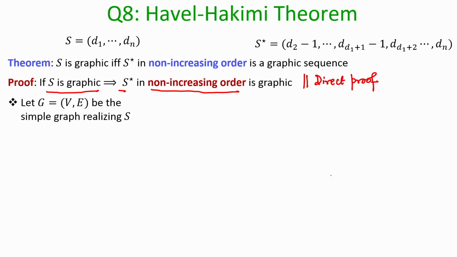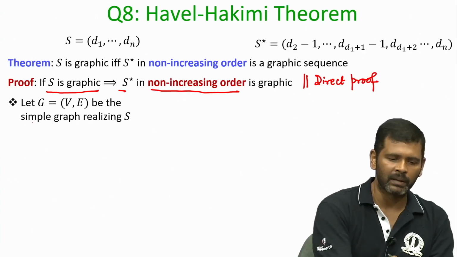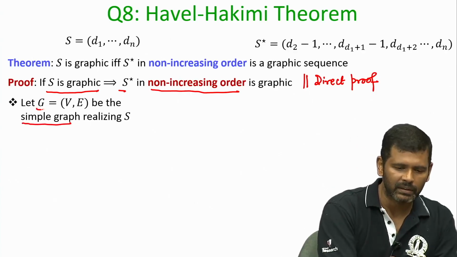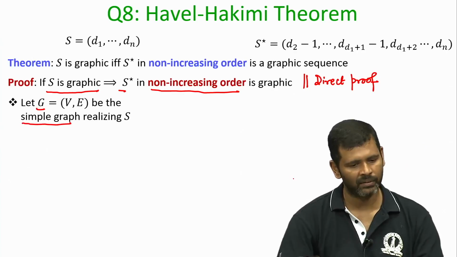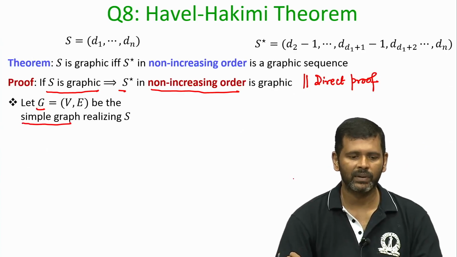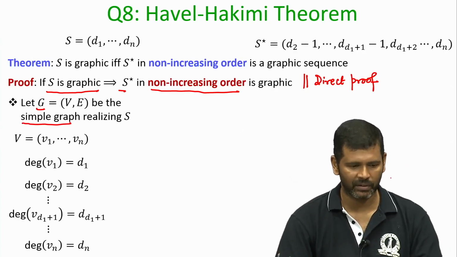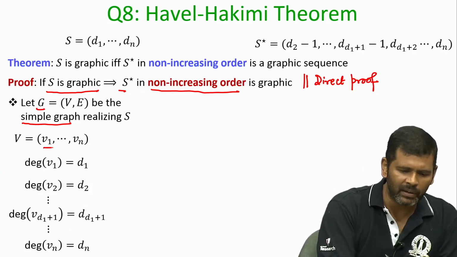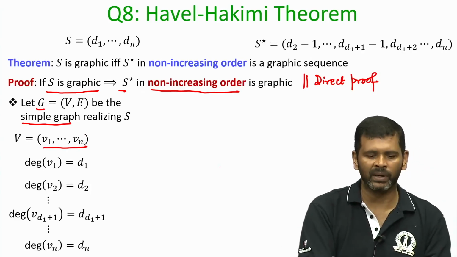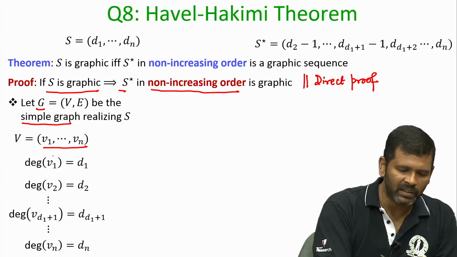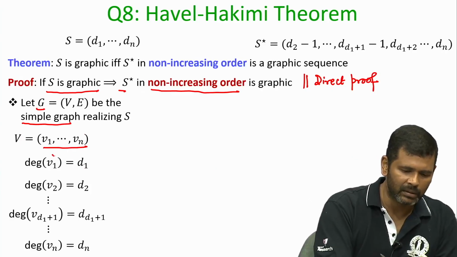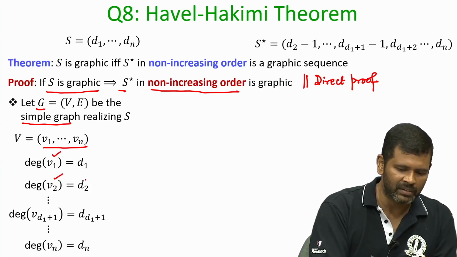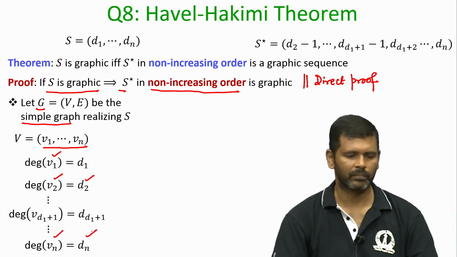So, since my premise is true, that means I have a simple graph, call it G, with n nodes and some edges whose degree sequence is the same as the sequence S. That means, you have n vertices, say V 1 to V n, and let V 1 be the vertex which has degree d 1, V 2 be the vertex which has degree d 2, V n be the vertex which has the degree d n.